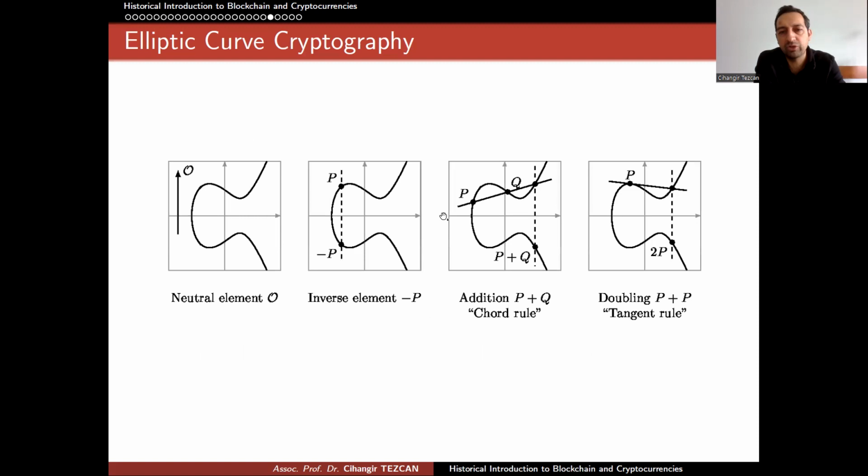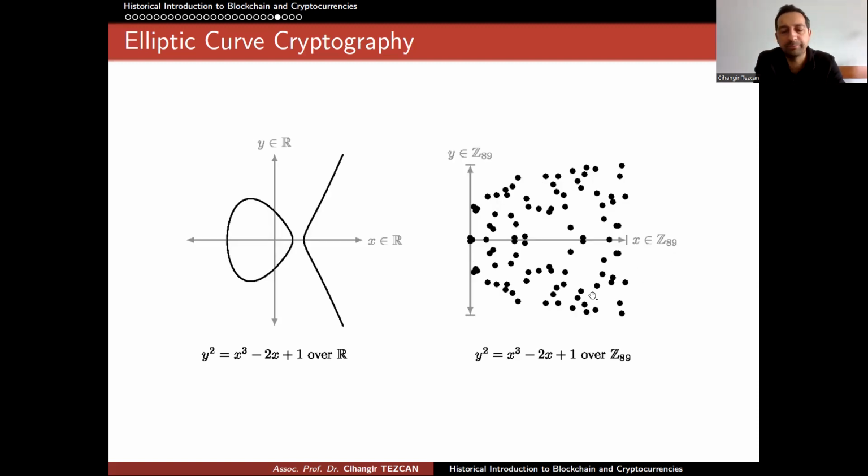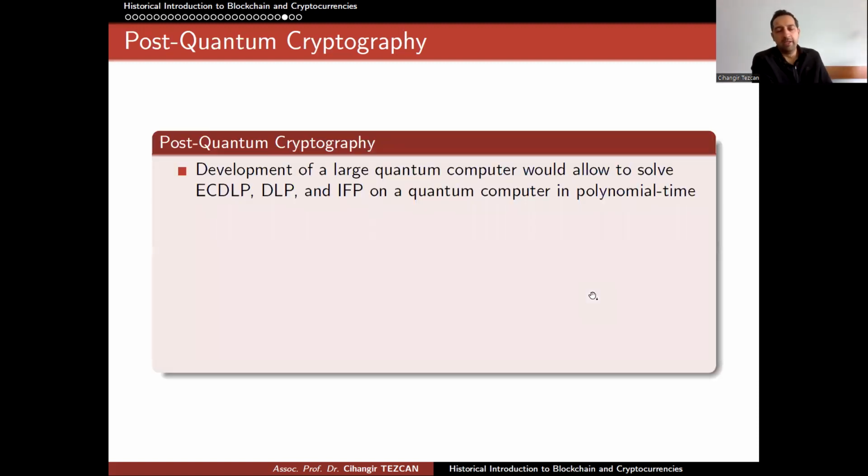These equations will still hold for these points here. All right. So the following weeks will be about hash functions, then digital signatures. But in order to understand digital signatures, we have to cover a little bit of simple algebra to understand rings, fields, groups, and so on.